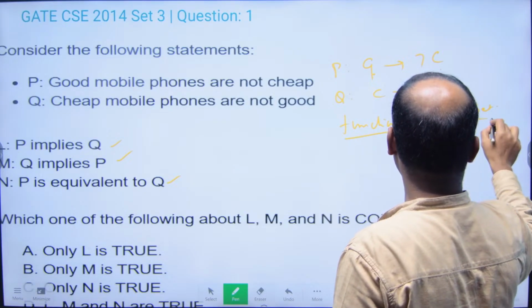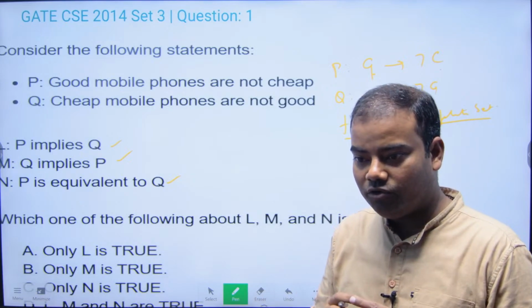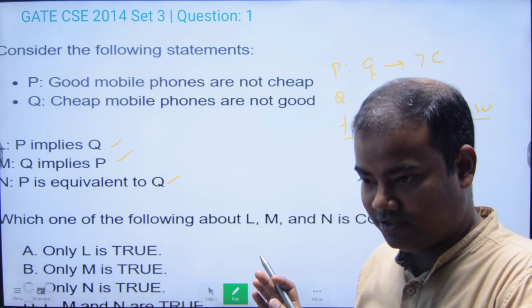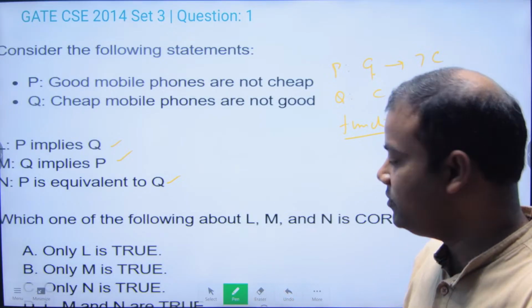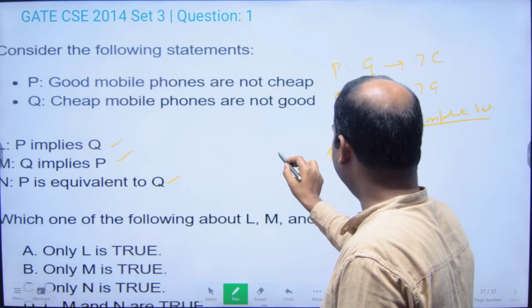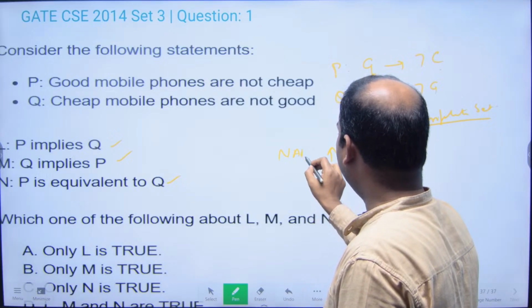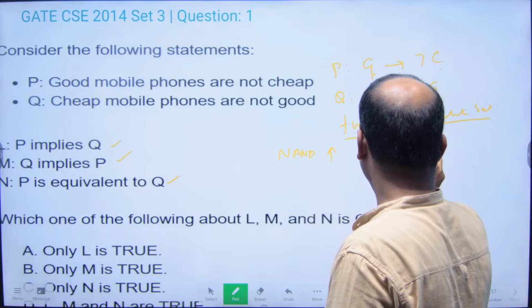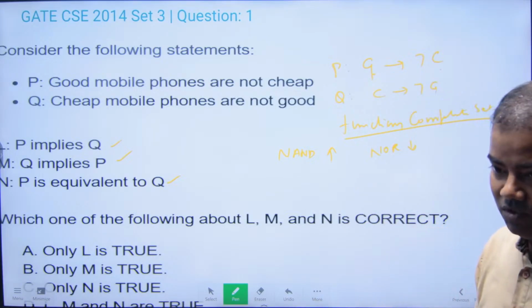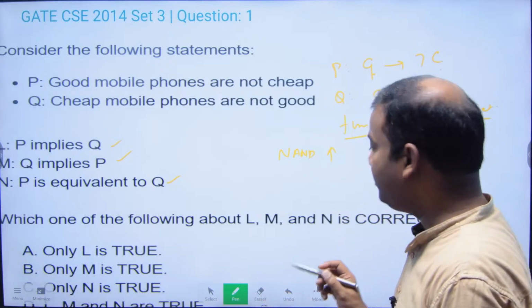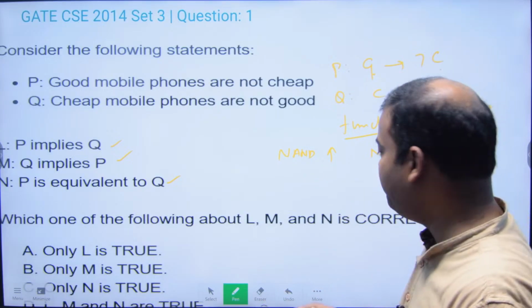A functionally complete set means a set which can do all AND, OR, NOT things, that is, all connectives. For example, only NAND is functionally complete, and only NOR is also functionally complete.